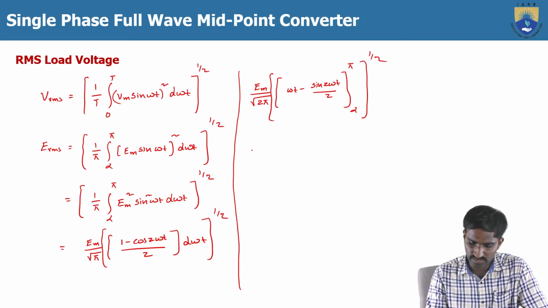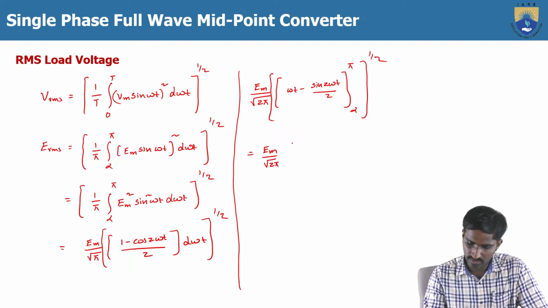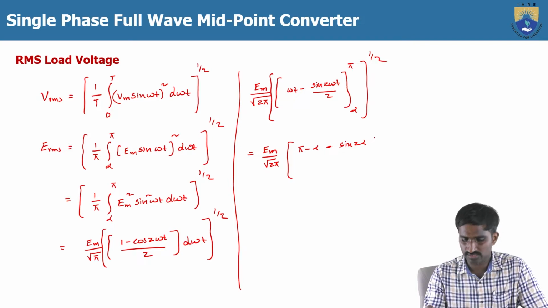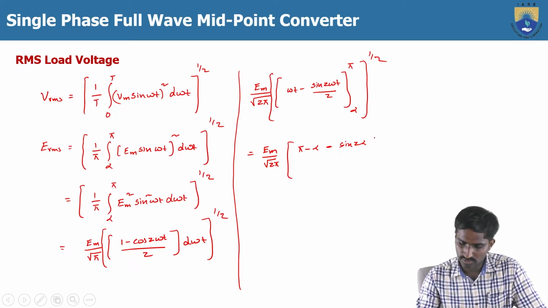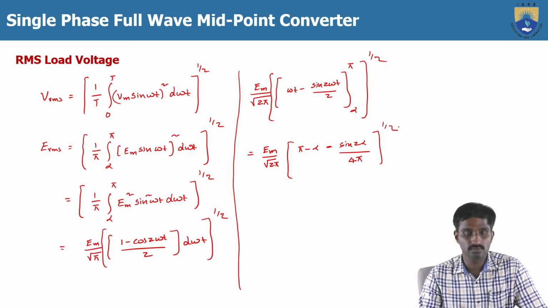Then if you simplify this, you will get Em by root 2 pi common, then omega t gives pi minus alpha, minus sine 2 alpha by 4 pi, because sine 2 pi is equal to 0, whole to the power of 1 by 2.